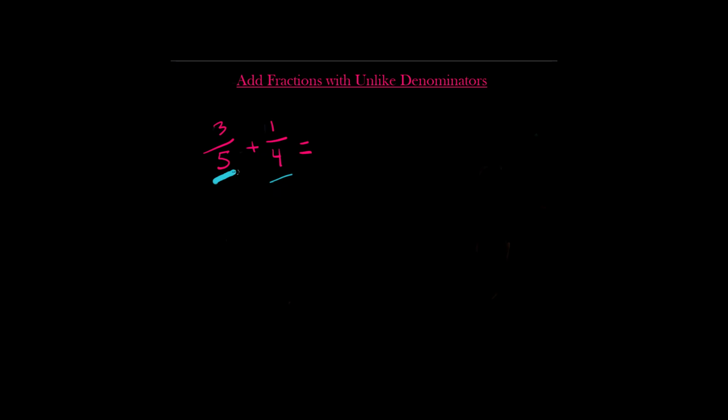We need to find the common denominator. So our job is to come up with what number is the same at the bottom of 5 and 4 when we talk about multiples. Something we're going to try to find is the least common multiple, and some people call it the least common denominator. So what does that mean? That means we're going to do like we did in our previous least common multiples lesson.